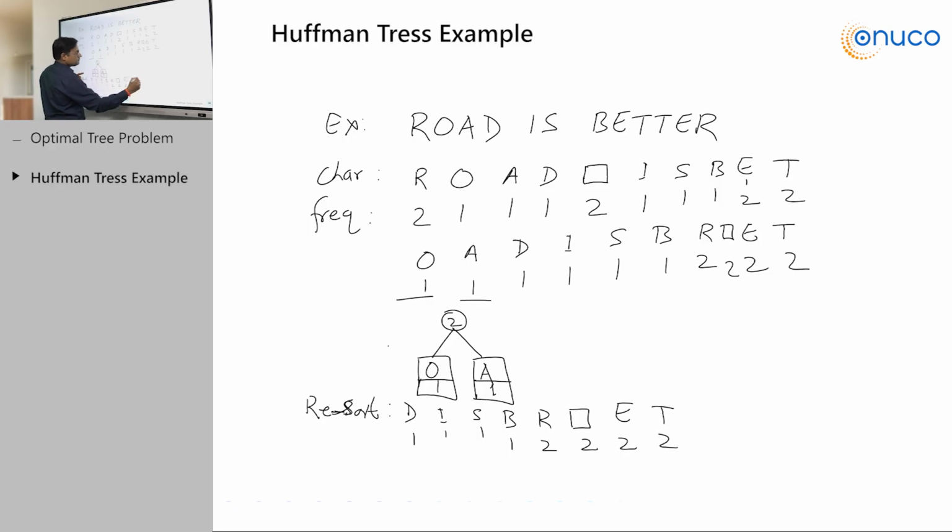Now we will keep it this way. We have a 2 unit, left is O, right is A, both are 1 and 1. We sort again.